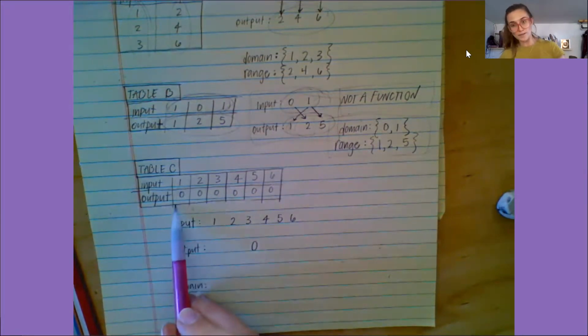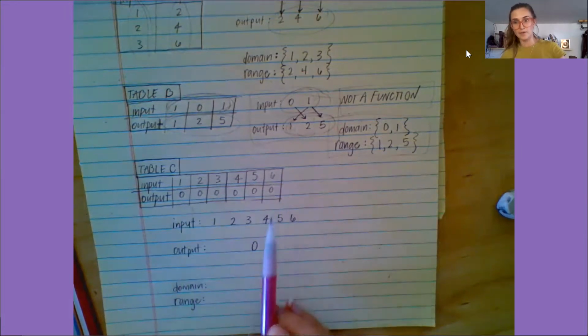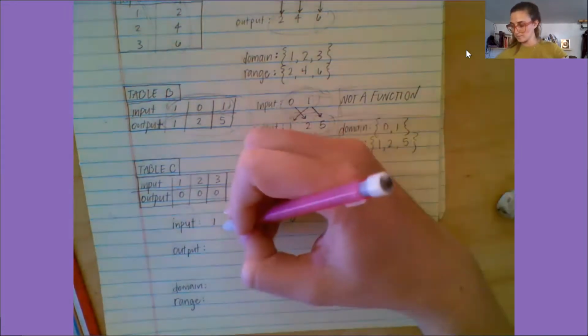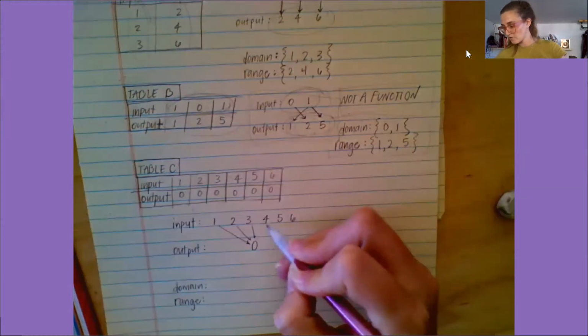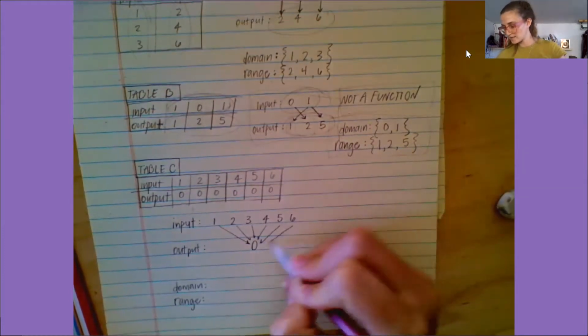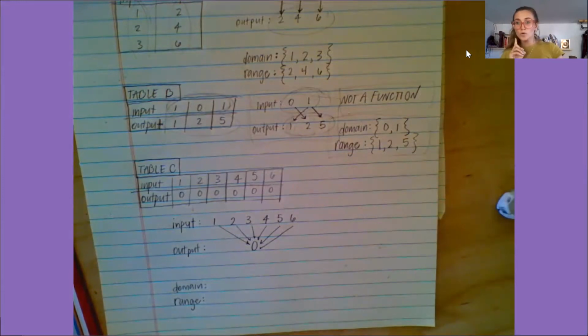My outputs are 0. Everyone maps to 0. So 1 maps to 0, 2 to 0, 3 to 0, 4, 5, and 6. So you might be thinking that it's not a function. However, our rule does not say that every output must be unique.